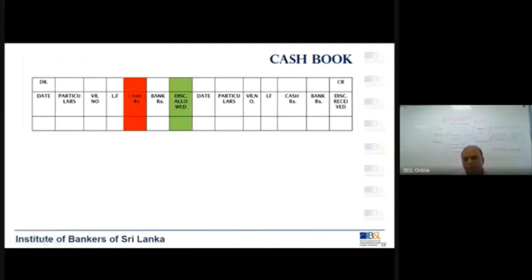Similarly, when you enter into a credit purchase, and when others offer you a cash discount, that is, you are supposed to pay 2750, but you are given a 5% discount, so you will pay only 2612,500. That you will record in the credit column.